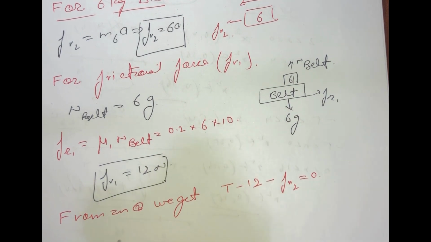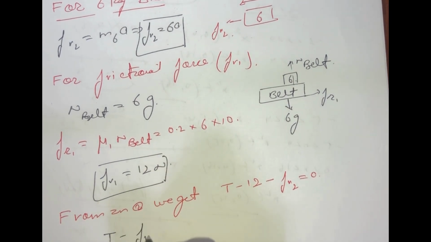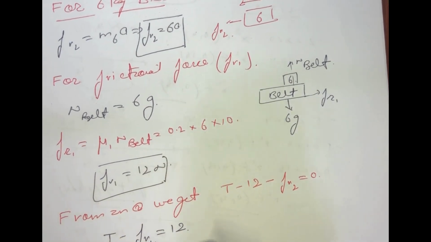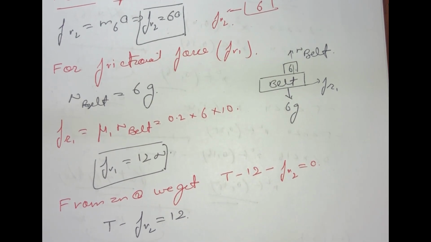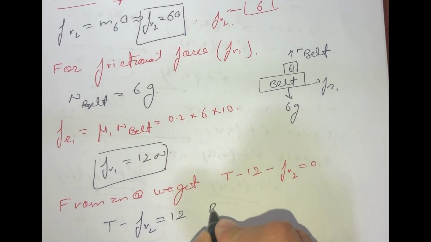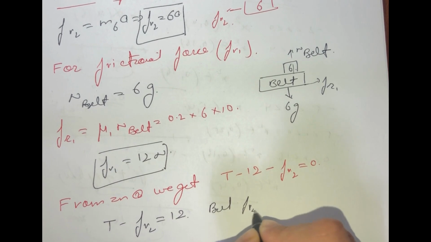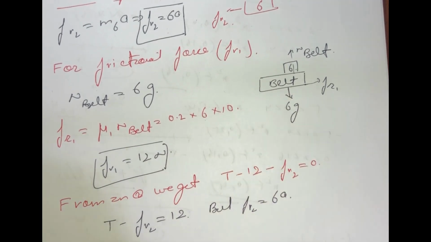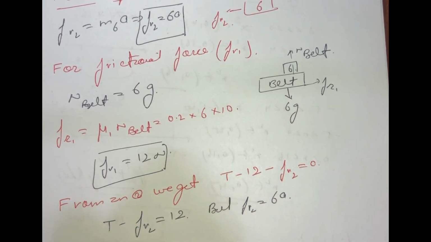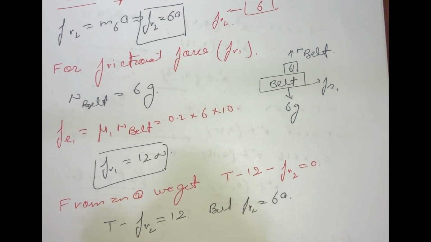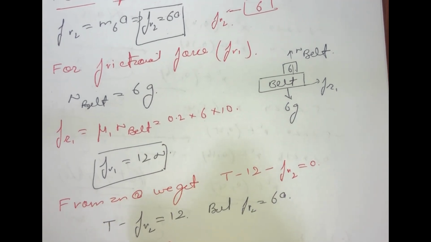From here we can say that T minus Fr2 will equal 12. We already know that FR2 is 6A, so we can write this as tension minus 6A is equal to 12.